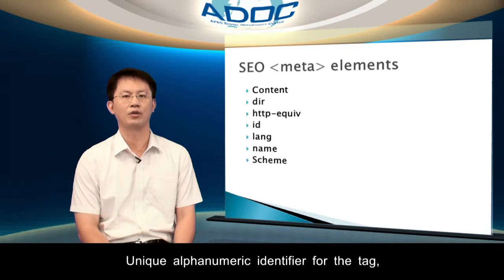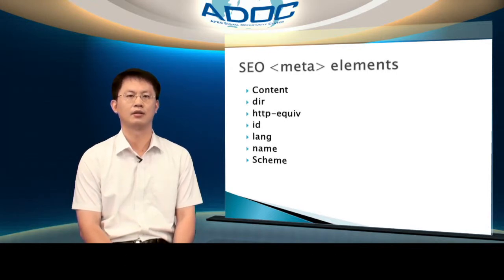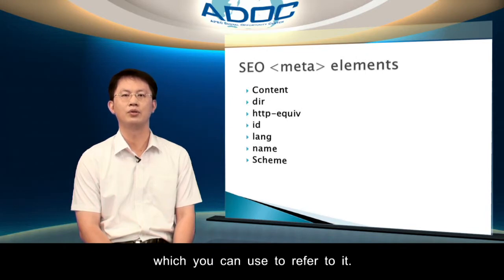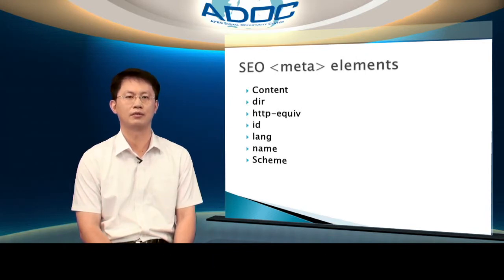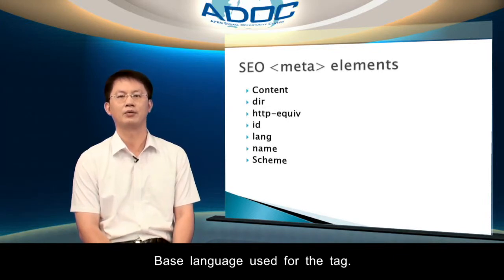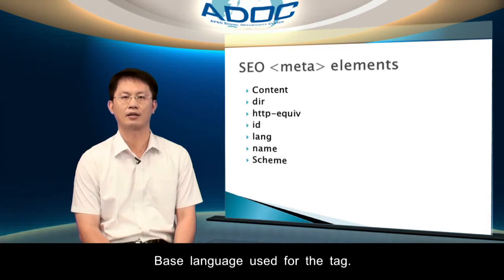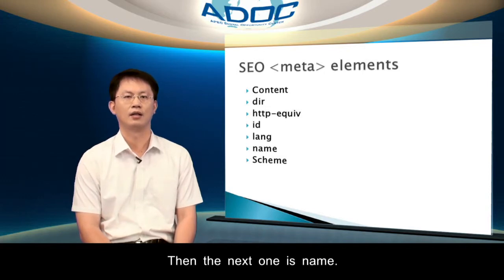Unique alphanumeric identifier for the tag, which you can use to refer to it. Another attribute is lang, the language used for the tag. Then the next one is name.